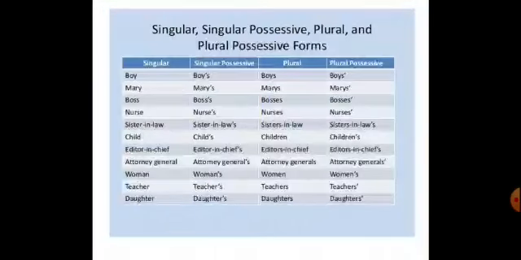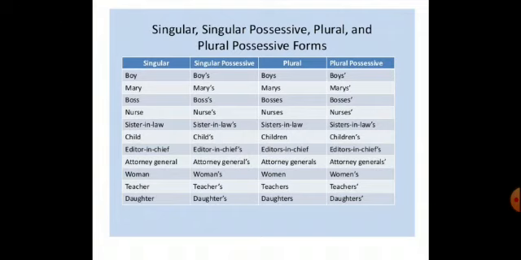Now, you can pause, okay, and read the singular and the singular possessive, or the plural and the plural possessive forms for each one. Why am I saying this? Because, for example, look at the third word in the singular.